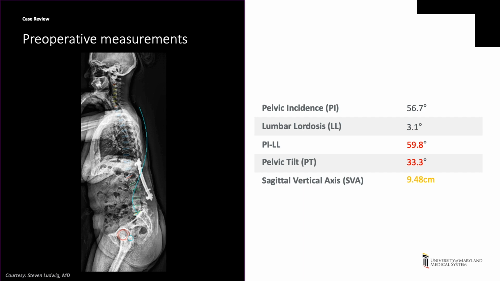I think you commented already on the air in the disc space, which means you might be able to get those to open up and possibly get interbodies in there, as well as doing osteotomies at those levels to get a little bit of correction there. When you say osteotomies, are you thinking type 1, type 2 osteotomies, posterior column osteotomies with A-lifts?